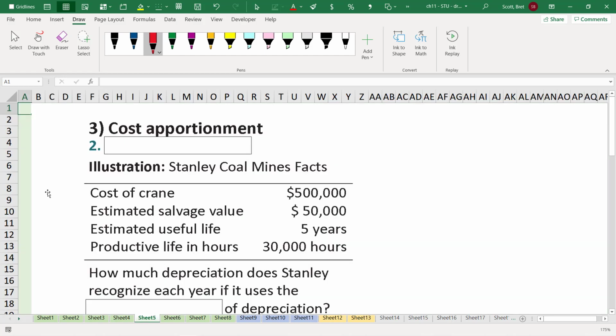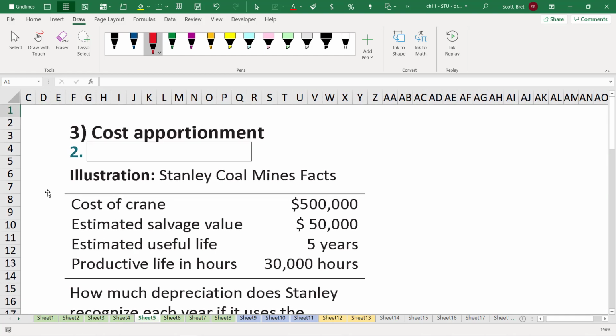Now let's look at the one that is most commonly used, the straight line depreciation method. Sometimes I abbreviate this SL or straight line method. So if you see me use abbreviations like that, just be aware that I'm referring to straight line method.